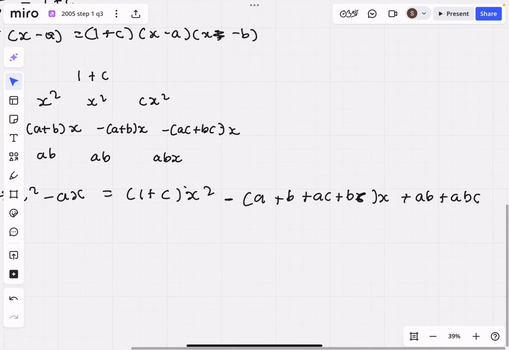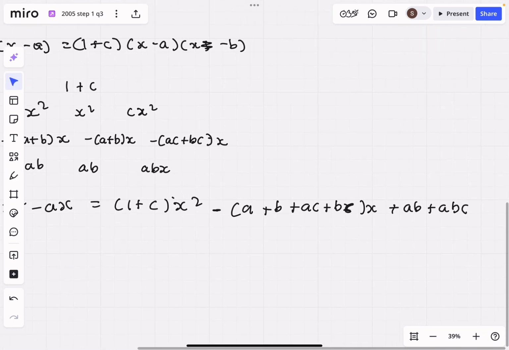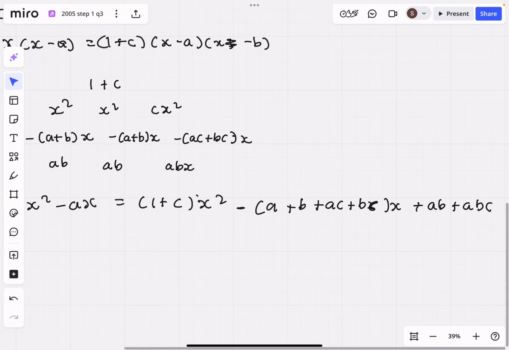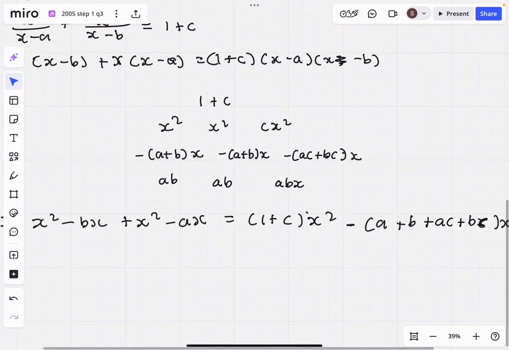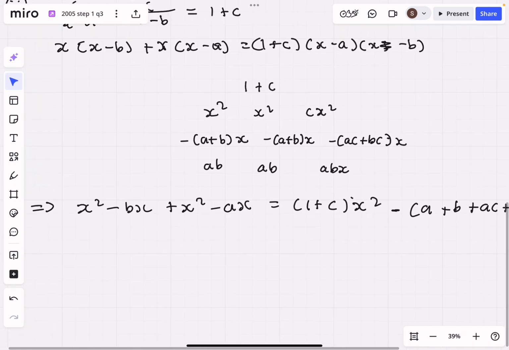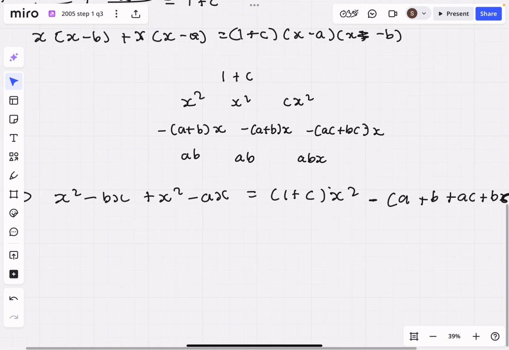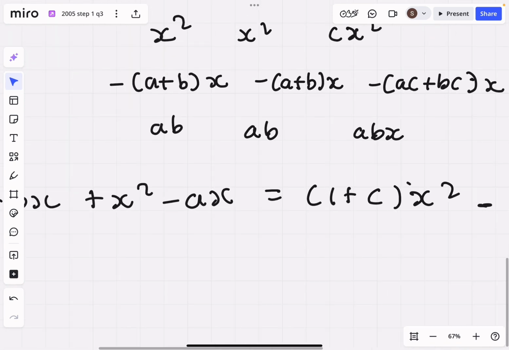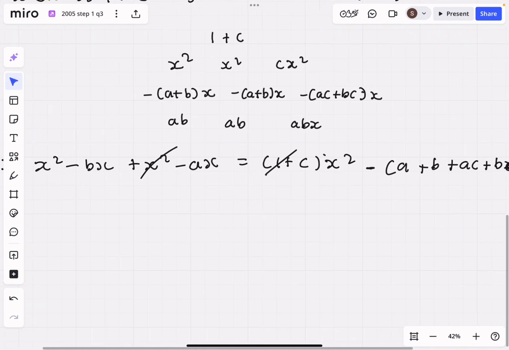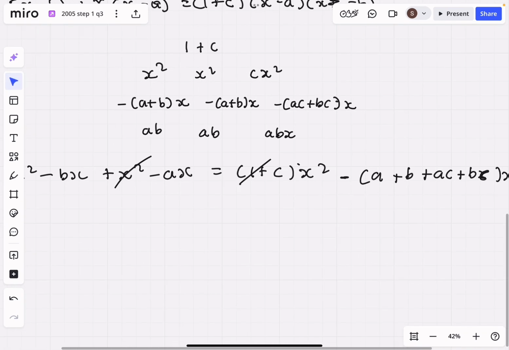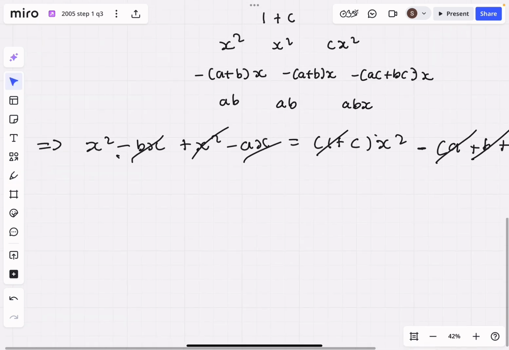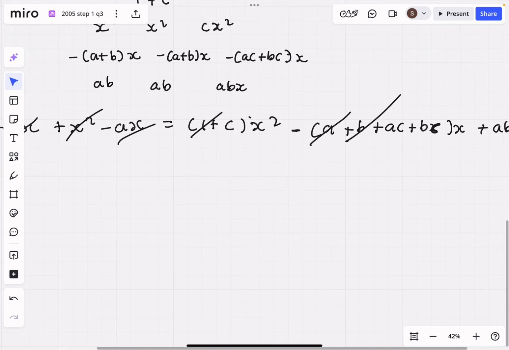I'm factorizing the coefficients of x to make it easier to see as a quadratic. There's an x squared on this side and an x squared on this side, so we can cancel that. And there's ax and bx on both sides, so we can cancel all of that as well.